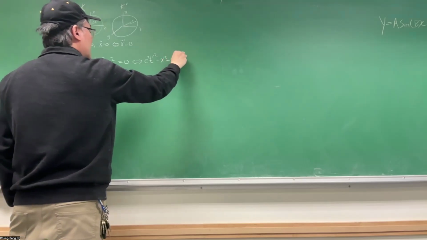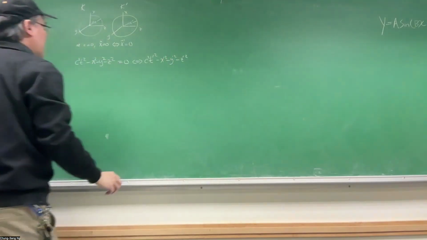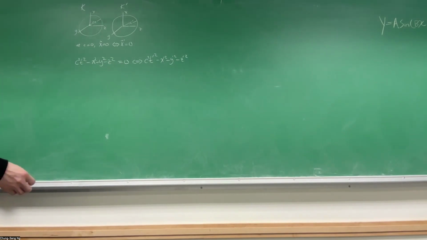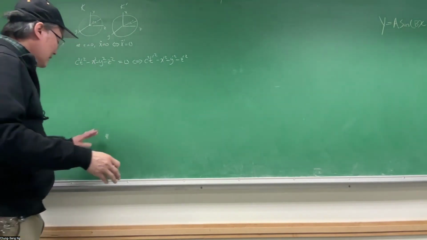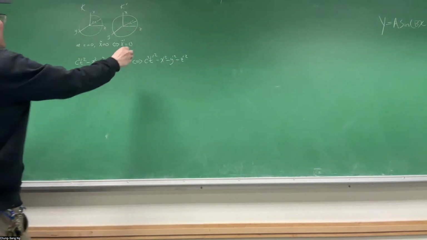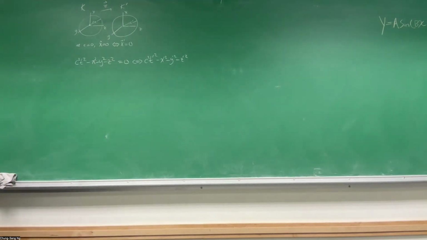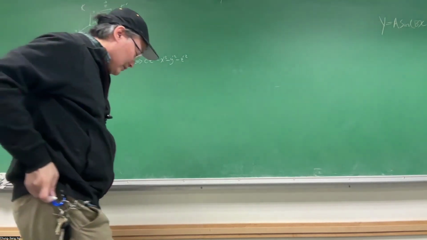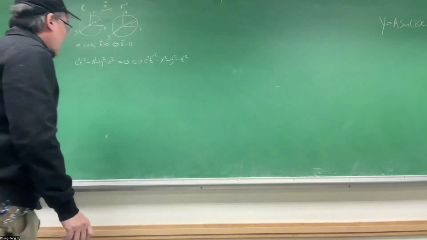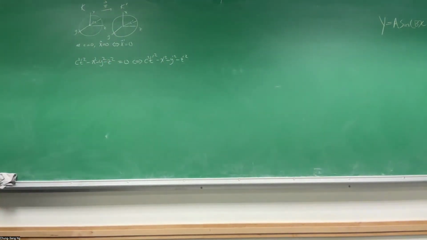Assuming you have some relative velocity between them, this relative velocity v is at first arbitrary, whatever that constant velocity vector is, the same arguments still apply.